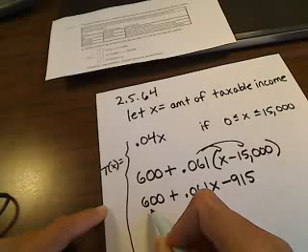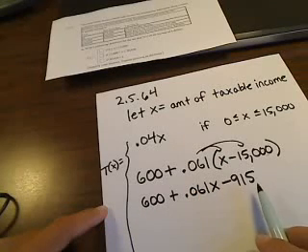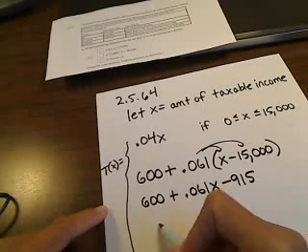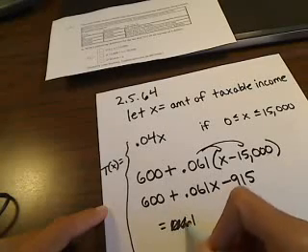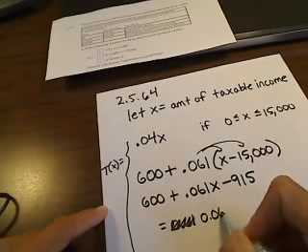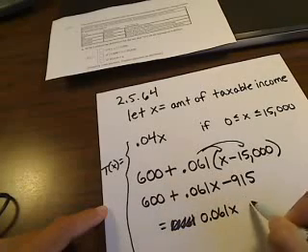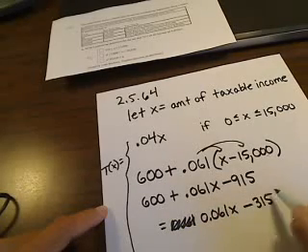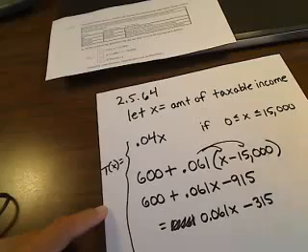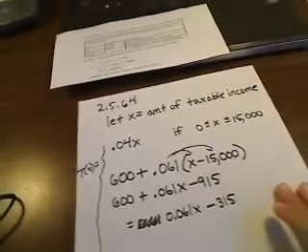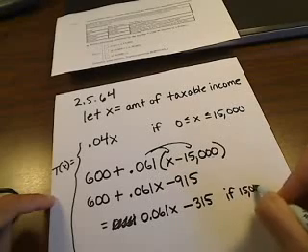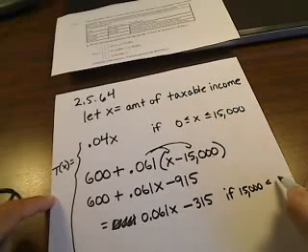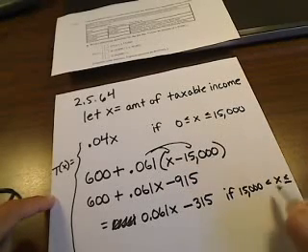Then if I collect like terms, the 600 and the negative 915 give me negative 315. So 0.061x minus 315 is the simplified portion for if we're between 15,000 and 30,000.